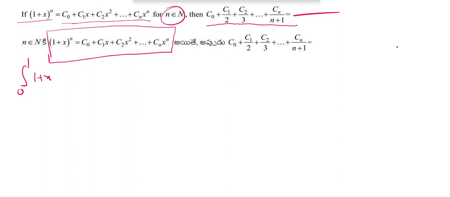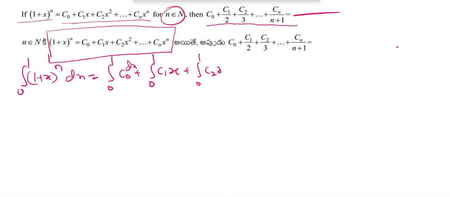The integration of (1 plus x) whole to the power of n dx is equal to: first, integration from 0 to 1 of c0 dx, and second, integration from 0 to 1 of c1x, plus integration from 0 to 1 of c2x square, plus up to integration from 0 to 1 of cn into x to the power of n.